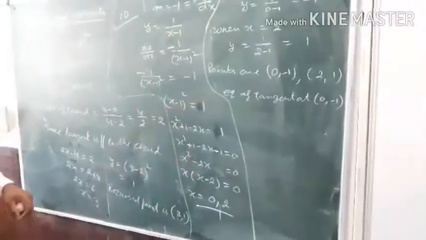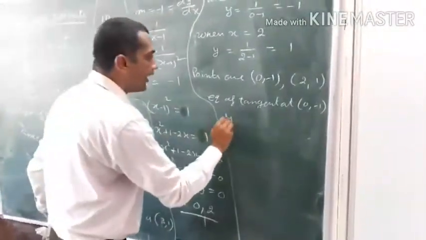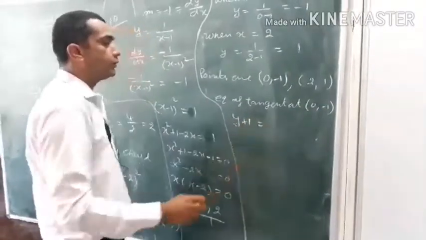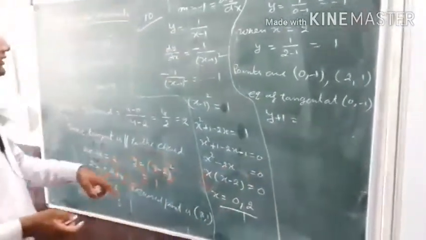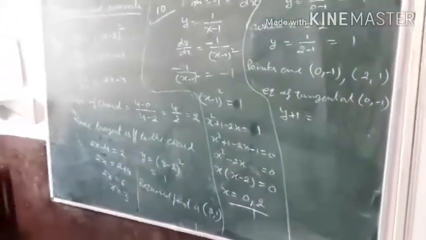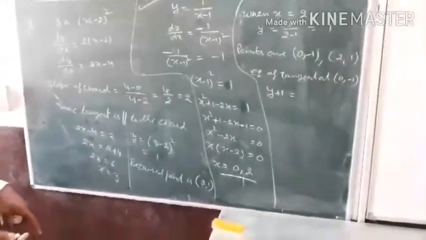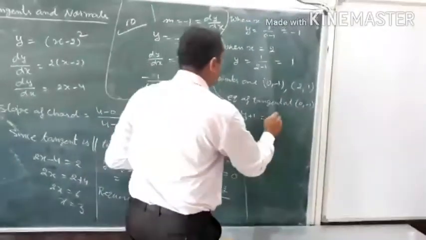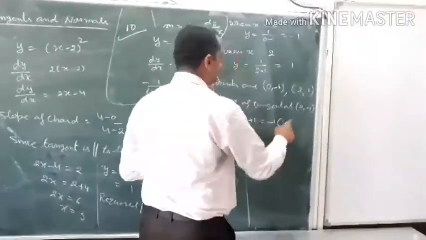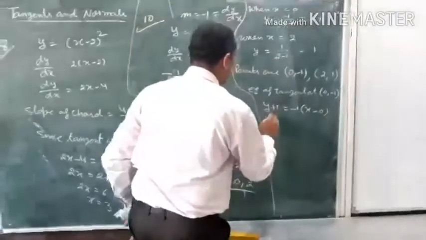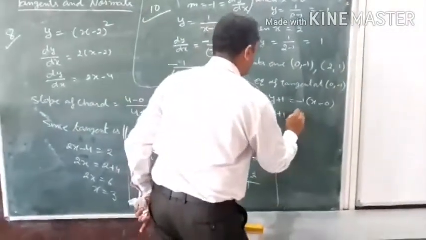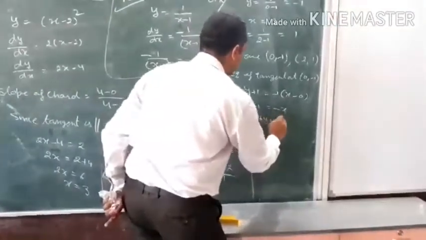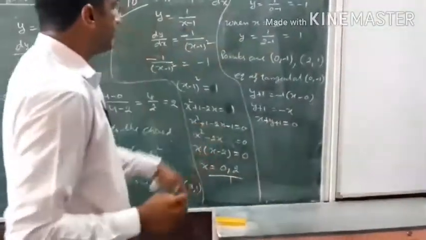And you know that the equation of tangent is y minus y1 is equal to m(x minus x1). What is m here? What is the slope? Slope is minus 1. So y plus 1 is equal to minus 1 into (x minus 0). It will be y plus 1 is equal to minus x. So x plus y plus 1 is equal to 0. This is the one equation.